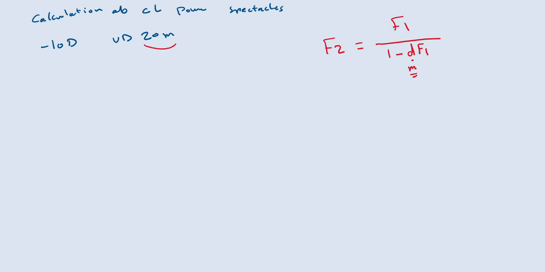So 20 is 20 millimeters, but to use it, we need it in meters. So in meters, this 20 should be 0.02. So let's try this example.